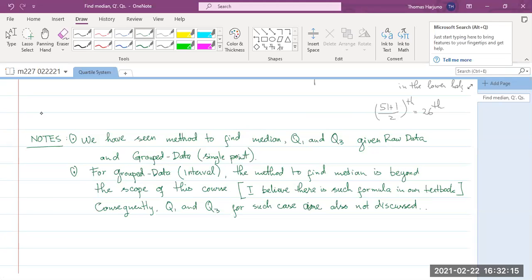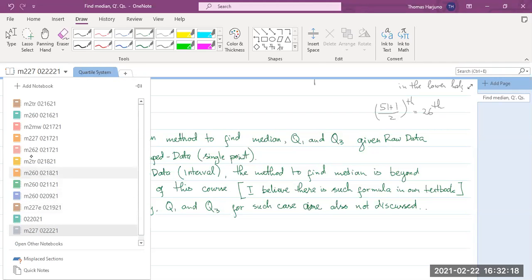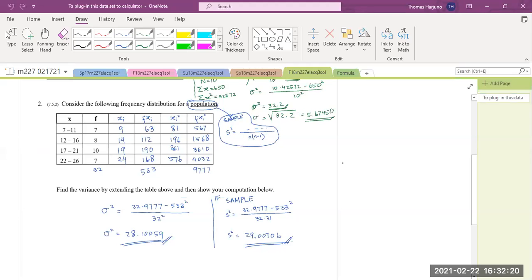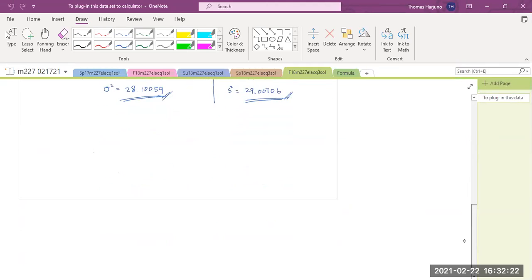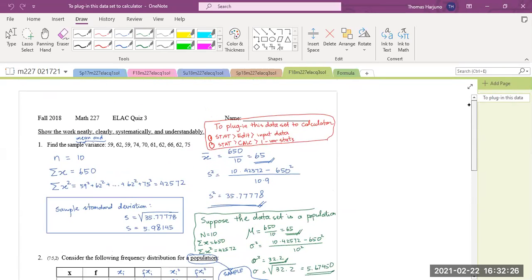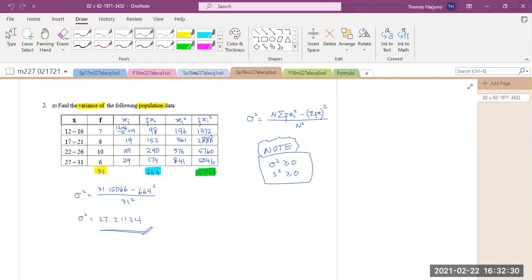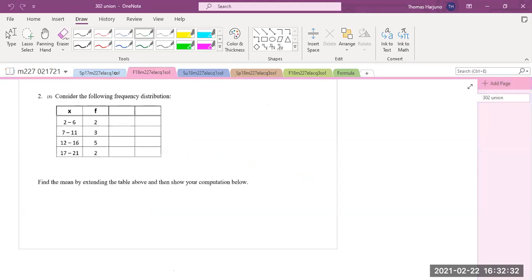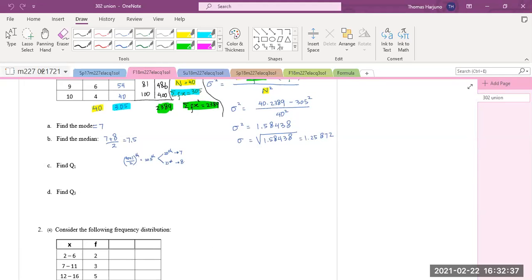Let me check one thing from the past. 17 last week. So I did teach you how to use a calculator to find the standard deviation.